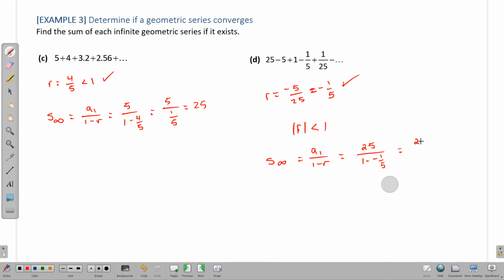So we've got 25 over, I'm going to write it as 5 over 5 plus 1 over 5, which means this one is really 25 over 6/5. If you do keep, change, flip, that's going to be 125 over 6. So that entire thing does add up to a fixed number. Even though it alternates, it still adds up to that finite positive number.